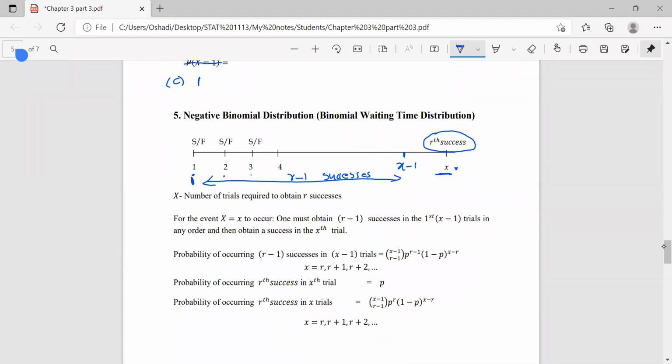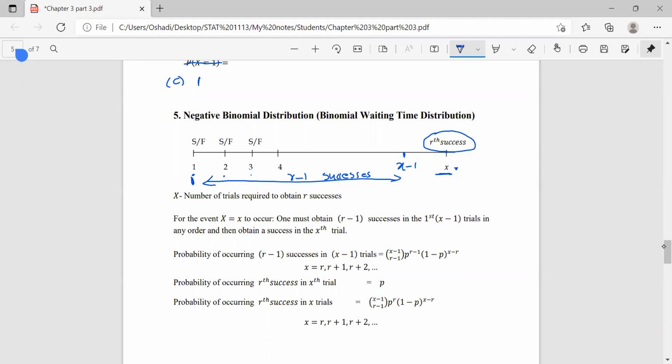Within the x minus 1 trials, there should be r minus 1 successes. Right? So we can write the probability of r minus 1 successes in x minus 1 trials using x minus 1 c r minus 1, and the probability of success p to the power r minus 1, because there are r minus 1 successes.